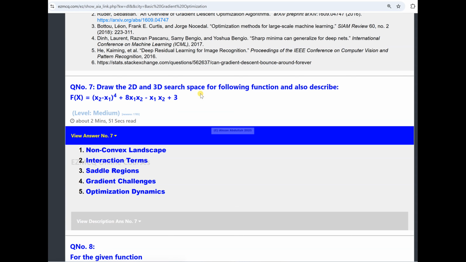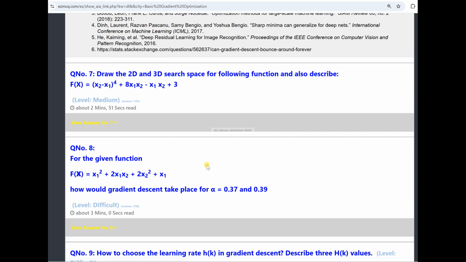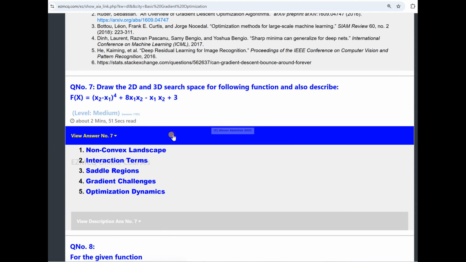So draw this and also describe. This is a non-convex landscape. Then these terms have their own interaction and their own impact, and there are saddle regions also. In saddle regions, one side is increasing and the other side is decreasing, and then there are other dynamics also. So let's look at them briefly. What I'll do is divide this equation into three parts.